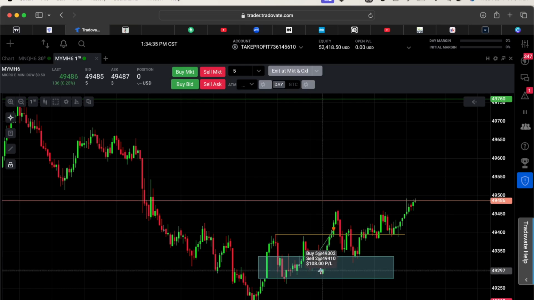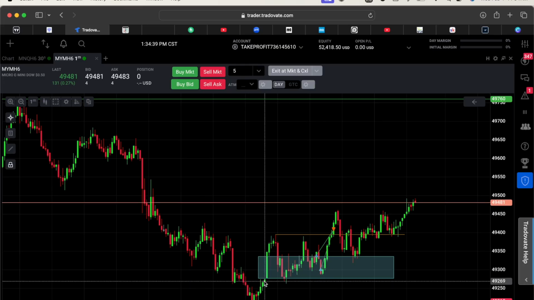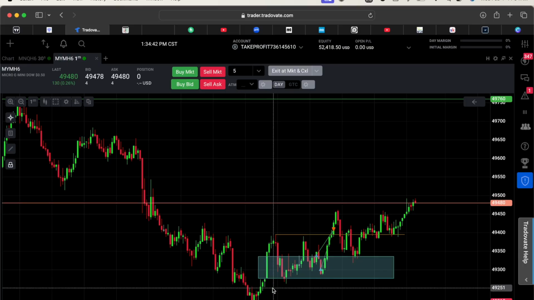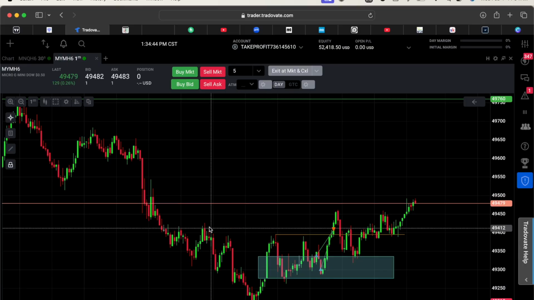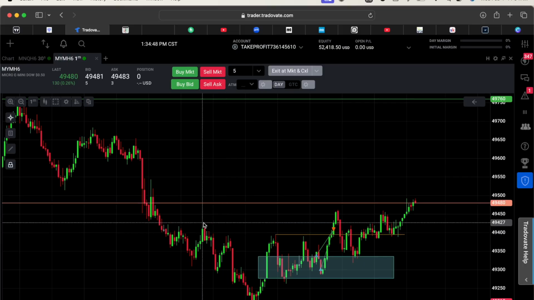And then after I got into the trade, I was like, obviously my stop loss is below the first candle that makes a fair value gap right here. So my stops are right down there. Then my take profit, I was stuck between going to this high or this high right here.